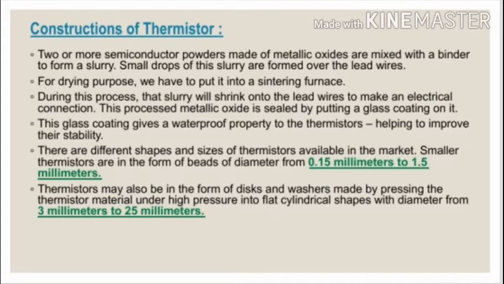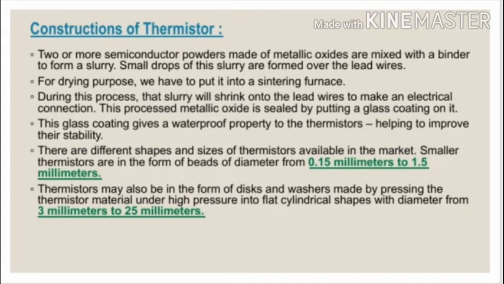For drying purposes, we put it into a sintering furnace, a process in which we make the thermistor compact in size and give it good mechanical strength. During this process, the slurry will shrink onto the lead wires to make an electrical connection. In this process, the metallic oxide is sealed by putting a glass coating on it. This glass coating gives a waterproof property to the thermistor, helping to improve its stability.